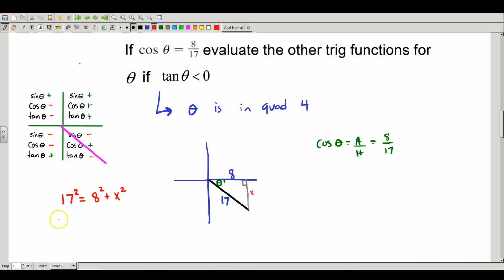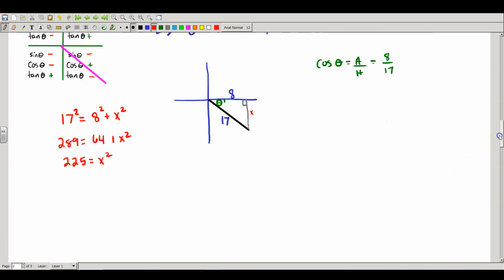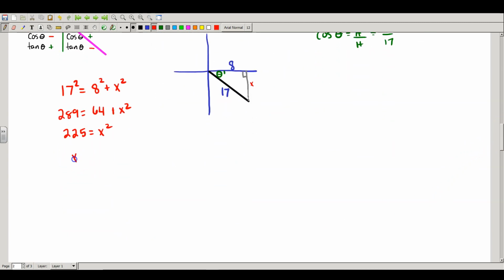So this would be 289 equals 64 plus x squared. And we would subtract 64 from that, so we'd get 225 equals x squared. And if we take a square root, x would be the square root of 225, which equals 15.